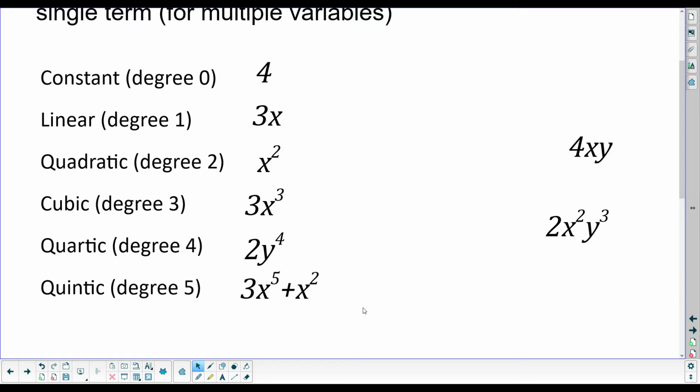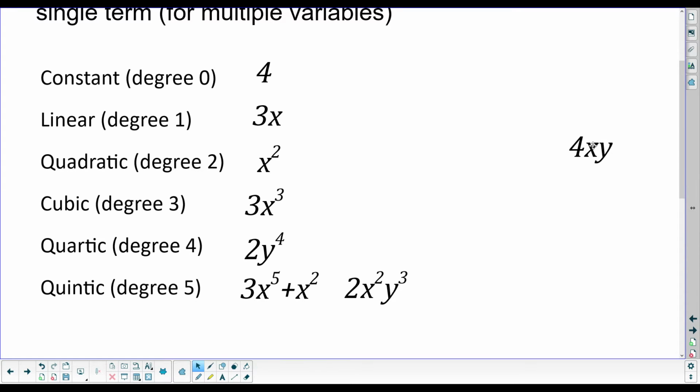Okay, it's a binomial. Now we have these examples left over here. We talked about this one already. So I have 2x squared y to the 3rd. So if I add up all the exponents here, I get 2 plus 3 would be 5. And we're multiplying these variables together, so we're going to add up those exponents to determine the degree. So this one is also going to be a quintic. Okay, this is a quintic monomial.